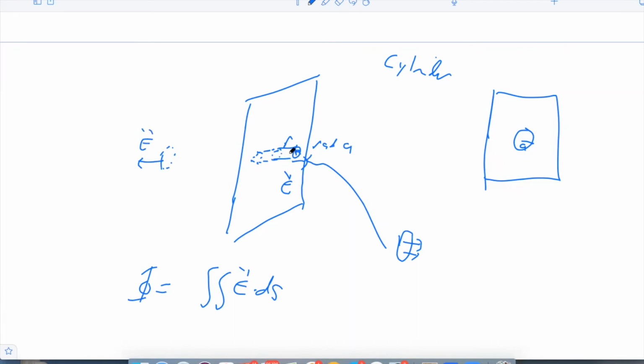What about on the sides? Imagine a soup can. So I'm going to draw a vertical can here. What about if you take the label off the soup can? What's the flux through those sides, or that cylinder itself? Well, E is pointing this way. The normal vector points away from the soup can.